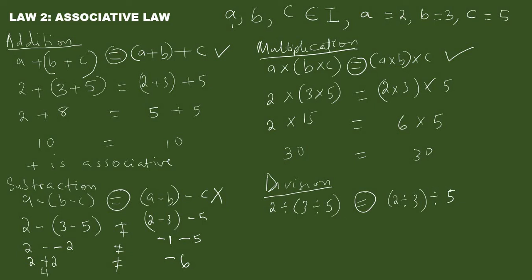So division is not associative. So for associativity, we have addition and multiplication, and division and subtraction are not associative. Okay, so let's move straight to the next.